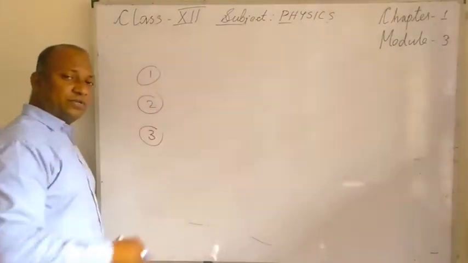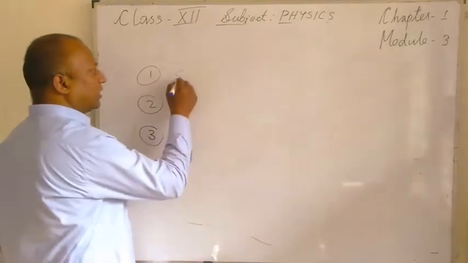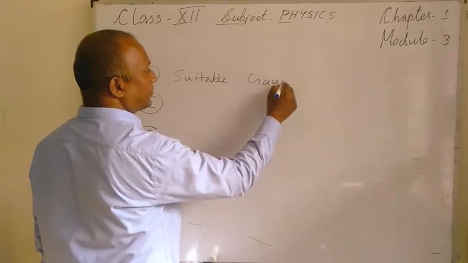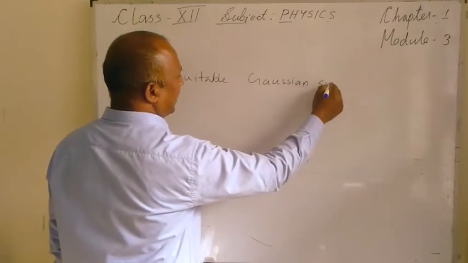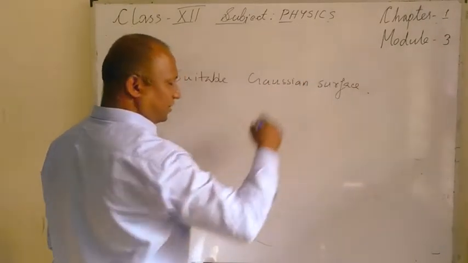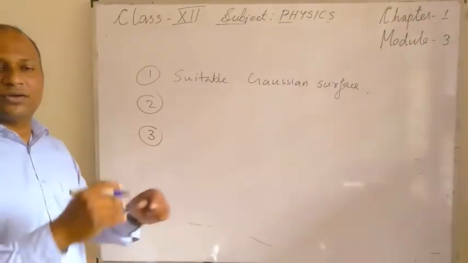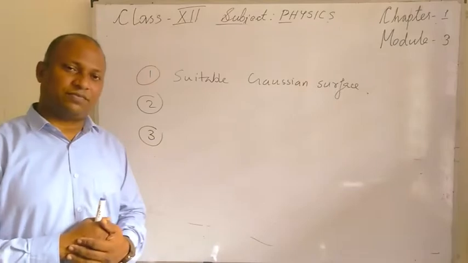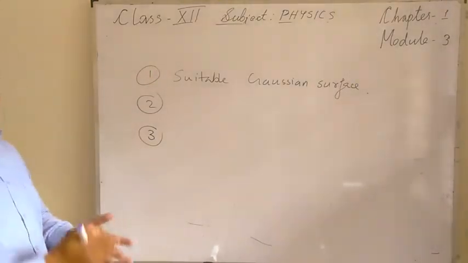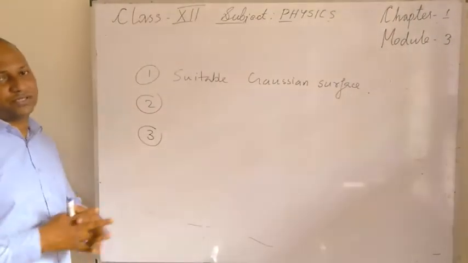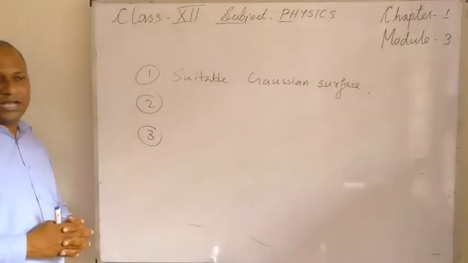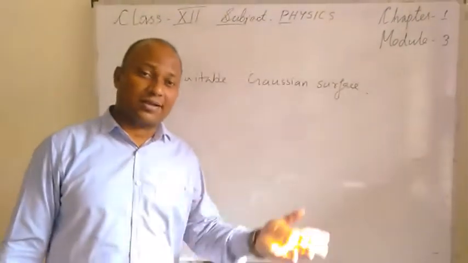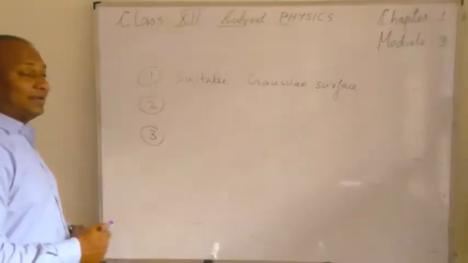The first and foremost thing is you have to find a suitable Gaussian surface. Maybe a spherical, cylindrical, cuboidal or cubical Gaussian surface, whatever. But it must be a closed, imaginary surface so that you can find the flux and also the electric field intensity there.